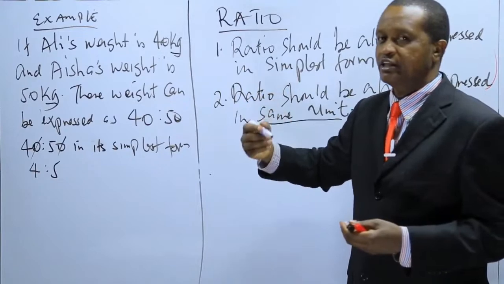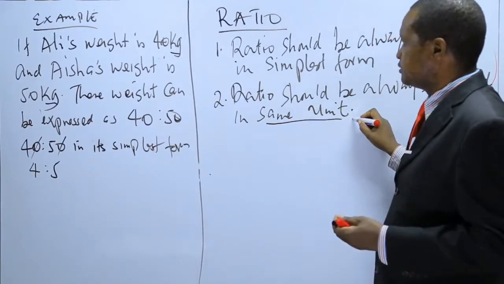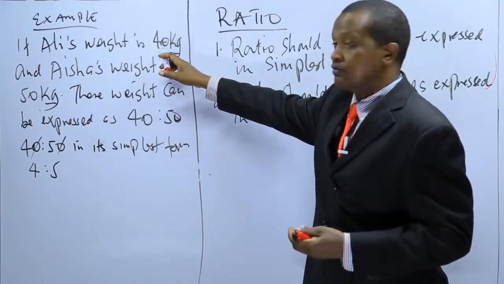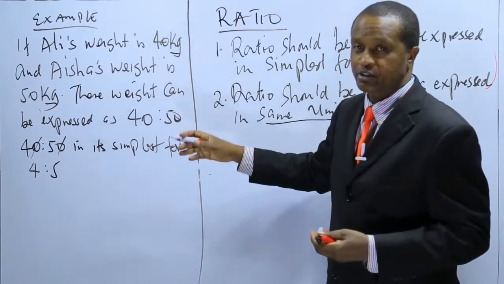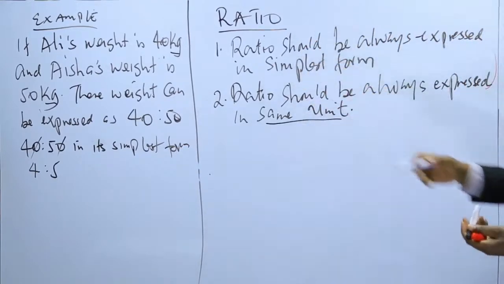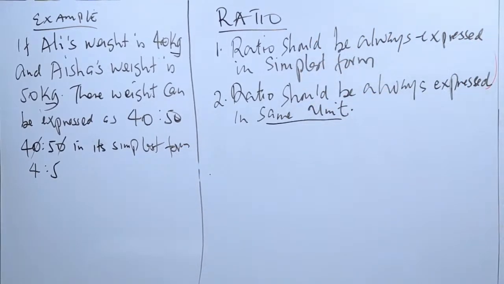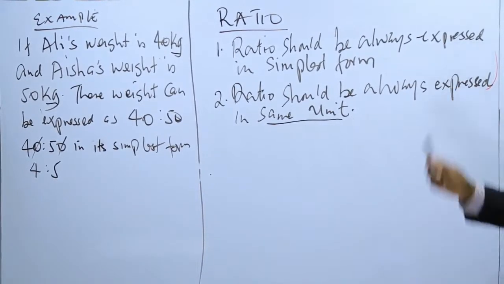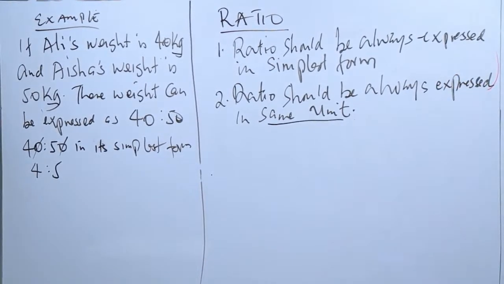They have to be the same unit. You should not have ratios expressed, for example, in kilograms to grams. So these two are very important when dealing with ratios. Number 1, ratios should always be expressed in simplest form. Number 2, ratios should always be expressed using the same unit.